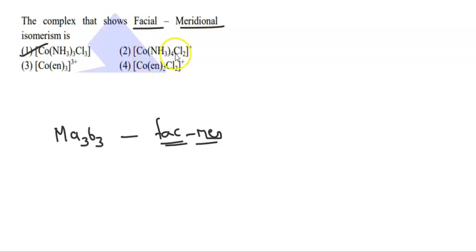It is of the type Ma4b2, that cannot exhibit. It is M(en)3 3+, because ethylenediamine is a bidentate ligand, and that can exhibit optical isomerism, not geometrical isomerism. Co(en)2Cl2+ can exhibit both geometrical and optical isomerism. So option 1 is the correct answer for the given question.